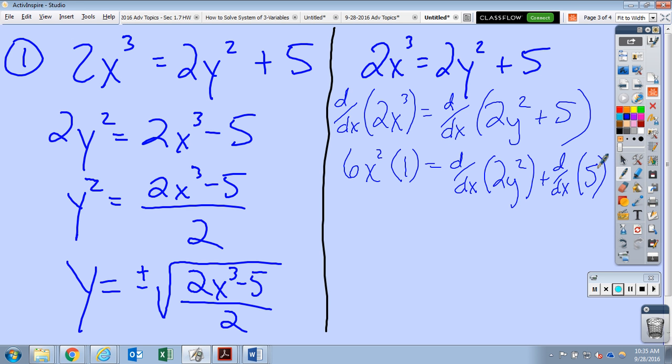So here this is just 6x squared is equal to, the derivative of this with respect to x is, okay, chain rule, 2 to the front, we would have 4y, drop down the power, and then don't forget the derivative of the inside, which we would just say is dy/dx. We assume that y is in terms of x, so we say dy/dx. Why isn't this one? Because we are differentiating with respect to x.